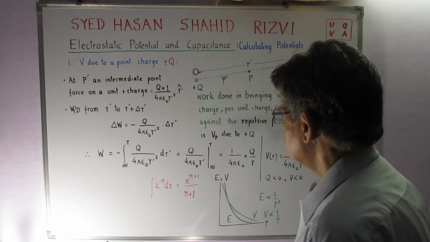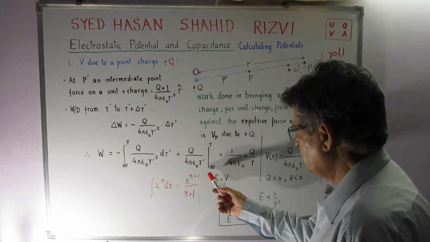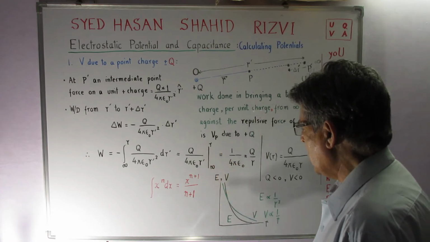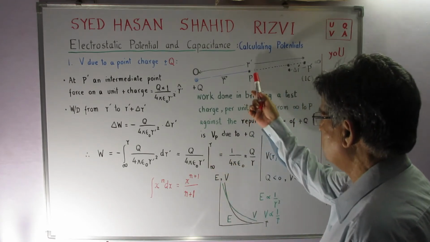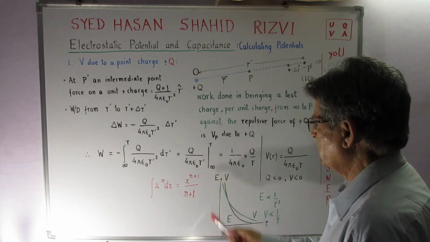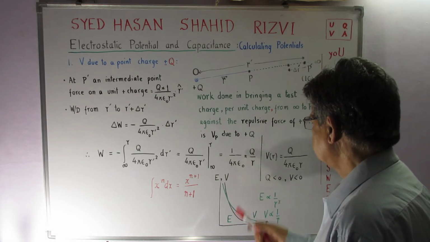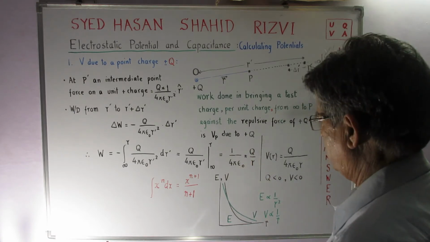So if I put the limits infinity to small r, where it has to be brought, then this turns out to be equal to, because the second term will be equal to 0, 1 upon 4 pi epsilon naught q upon r.